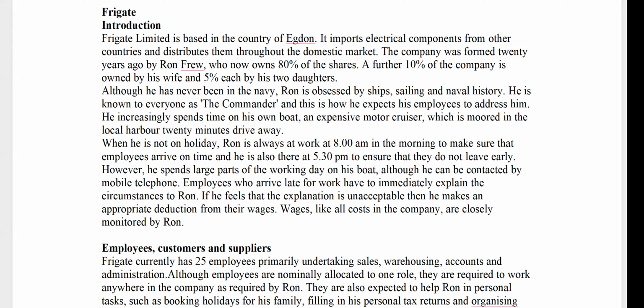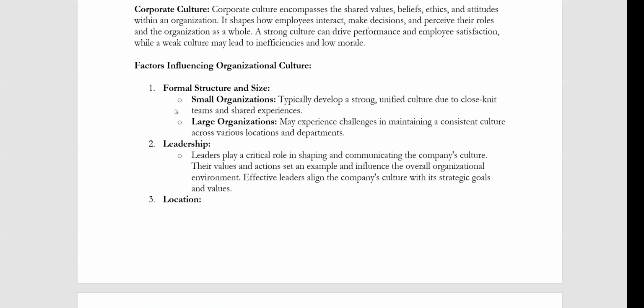These are the factors, and we'll come back to Ron. The organization's structure and size can affect its culture. Small organizations usually have a strong culture due to close-knit teams and shared experiences. Larger organizations may experience challenges in maintaining a consistent culture across various locations and departments. Then we have leadership.